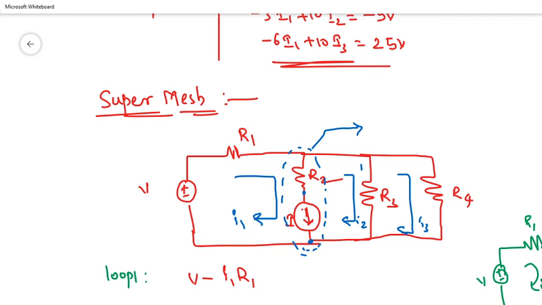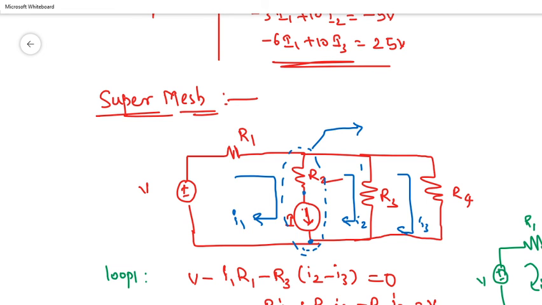Two currents pass through the resistor R3, so we need to take minus R3 into I2 minus I3 is equal to 0. Okay, so this is the equation. When we simplify that, we'll get R1 into I1 plus R3 into I2 minus R4 into I3 is equal to V.